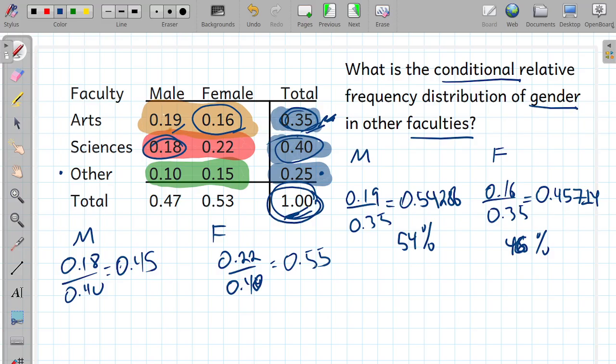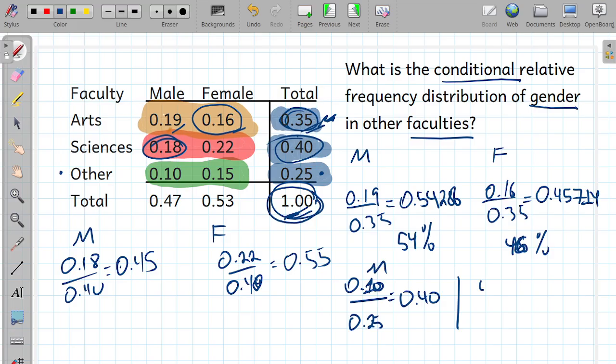We're just going to check 0.22 divided by 0.4 because I think I actually have a clue. Sometimes it's quite apparent that I don't when it comes to mental arithmetic. But this is correct. And then for other, we have 0.10 divided by 0.25. That's easy enough because it's the same as 10 over 25, so this is 0.4. That was for males.